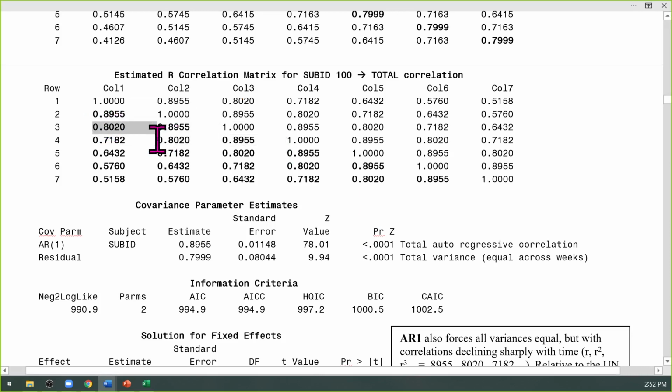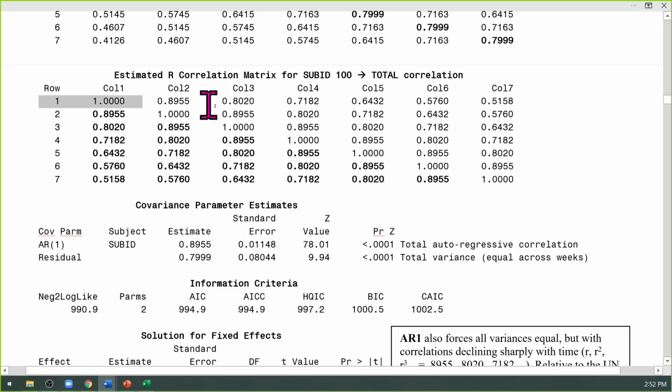Occasions 2 units apart are correlated at R squared, occasions 3 units apart are R cubed, and then R to the 4th, R to the 5th, and R to the 6th.